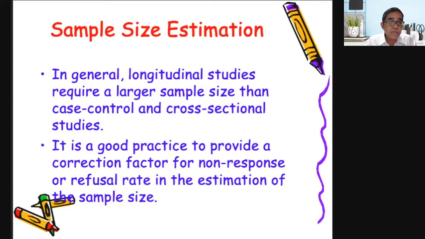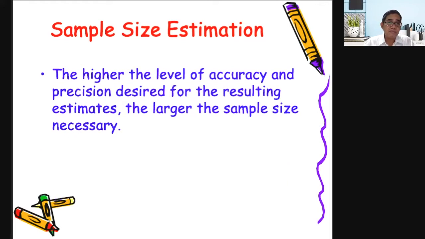So it's a good practice to provide a correction factor for non-response or refusal rate in the estimation of the sample size. Normally, what I use is to add 25% for defaulters, for losses to follow up, to the sample size that I calculate.